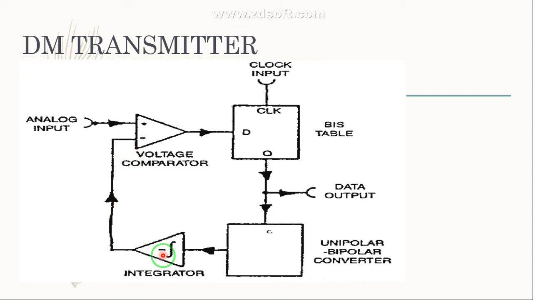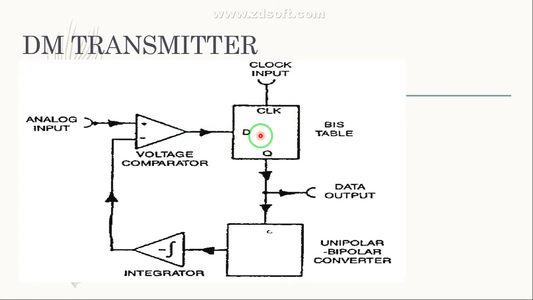This comparator output is a logic 0 or logic 1 depending on whether the input signal at the positive terminal is lower or greater than the negative terminal input signal. Then the comparator output is latched into a D flip-flop.